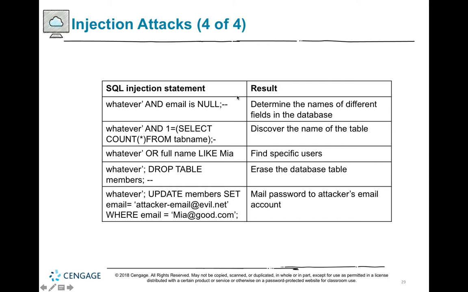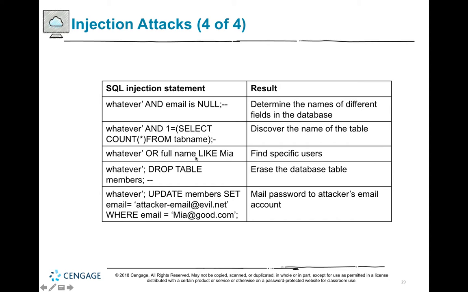Okay, so there are different ways you can try to figure out what all is in that database. Right, and 1 equals select count star from tab name. So star is a SQL wildcard character for everything. So select everything from tab name. The idea there is to discover the name of the table.